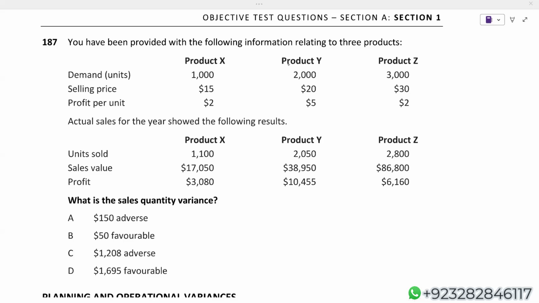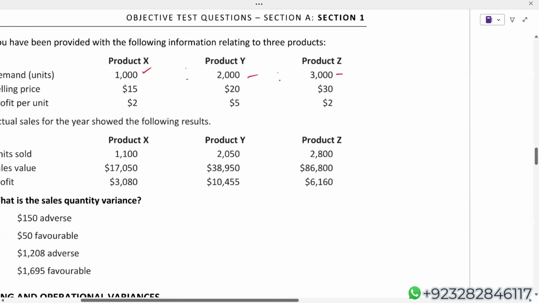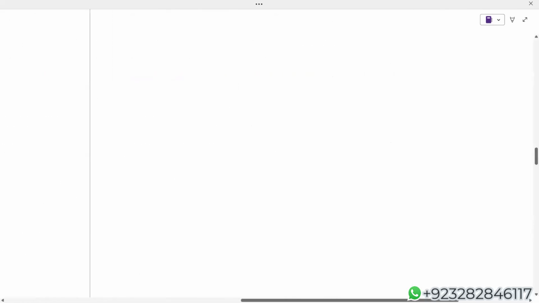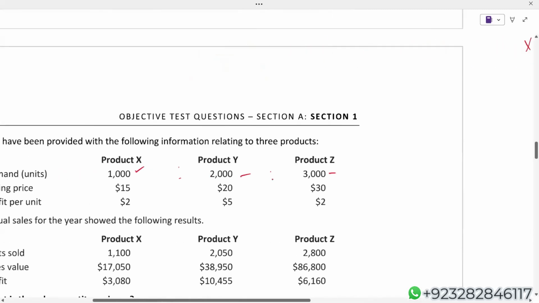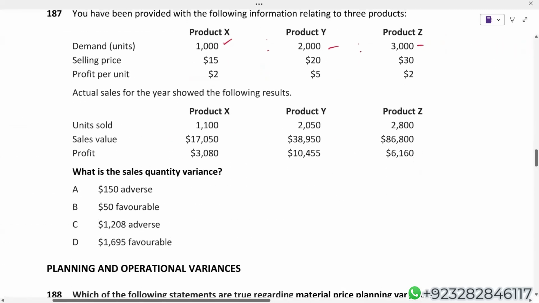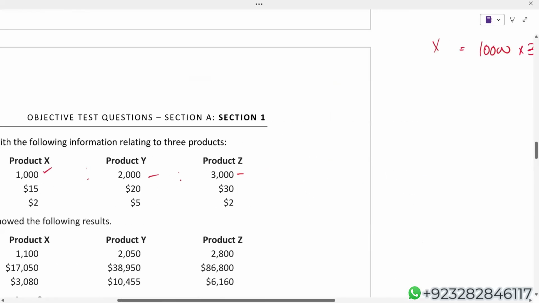Actually, budgeted sales into standard mix, they have given us straightforwardly here: 1,000 to 3, and the ratio is 1:2:3. Just a minute. Question 187, sales quantity.